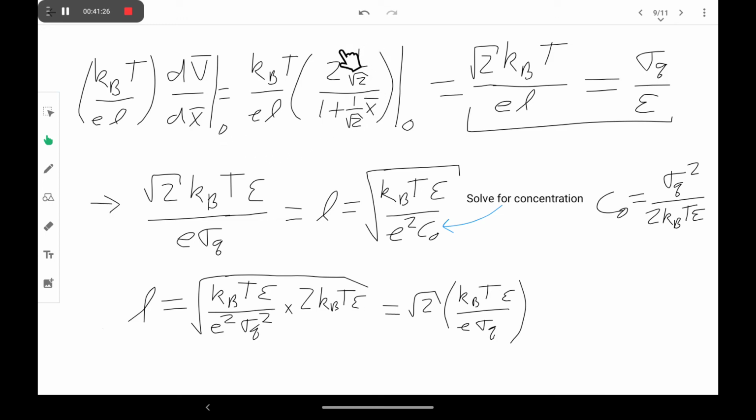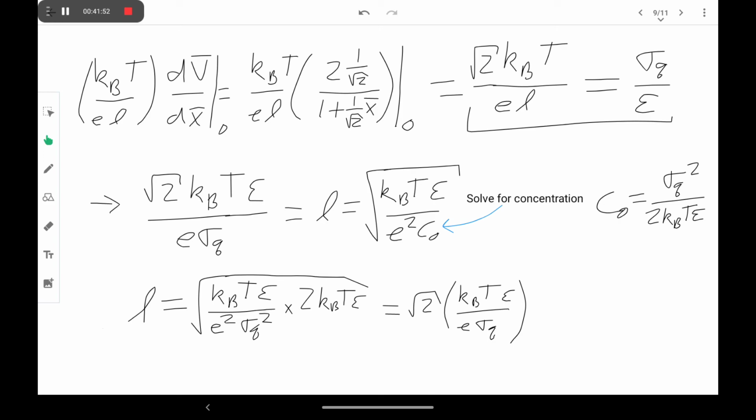So taking the derivative of that function, we get this. Plugging in x bar equals 0 means we're just left with 2 over the square root of 2. So that leaves us the square root of 2 times the stuff, and that equals, by our surface electric field definition, sigma q over epsilon.